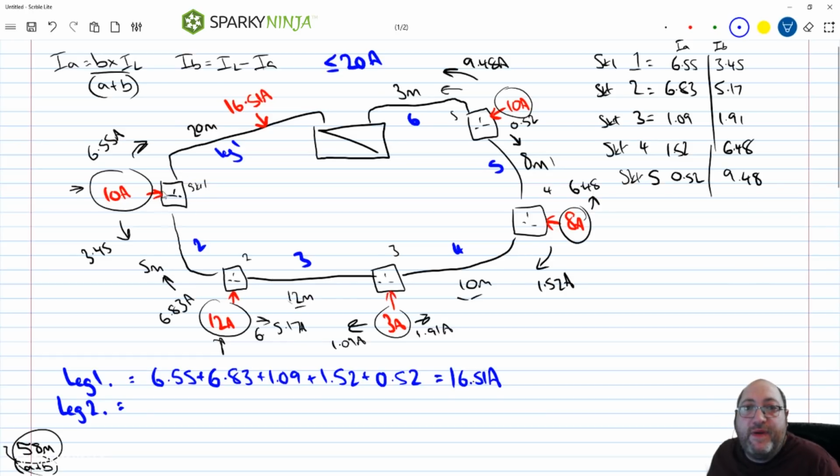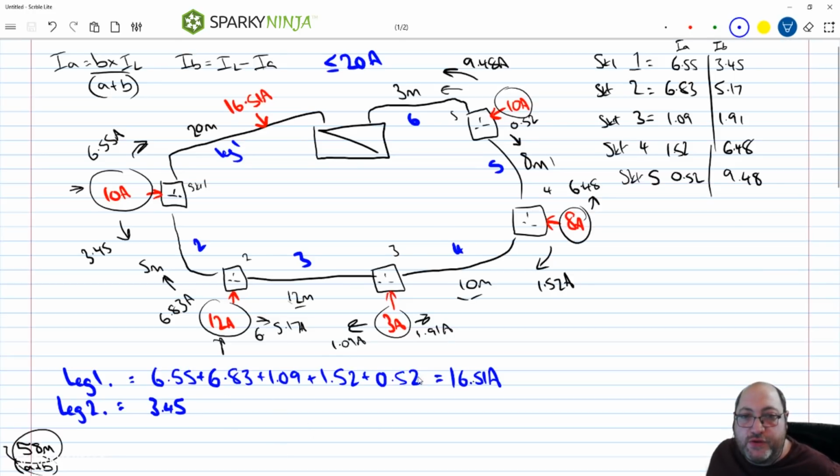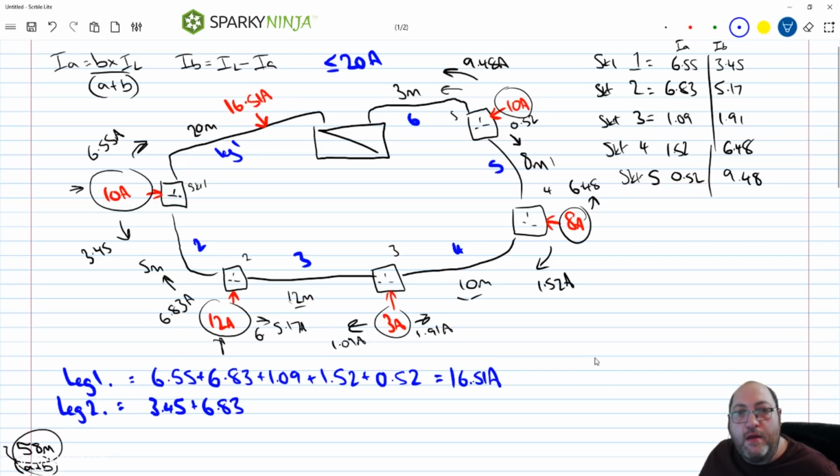So I'm going to take the IB of socket 1, which is 3.45, because it's going that way for leg 2. But now I'm going to take all the IAs again. So plus 6.83 plus 1.09 plus 1.52 plus 0.52, because all of those are the IAs going this way through that leg of cable.